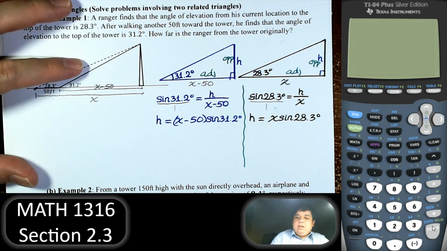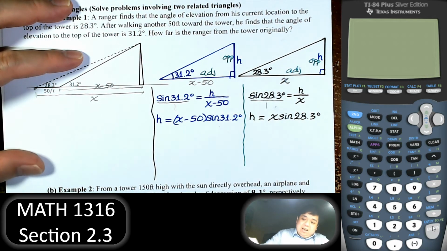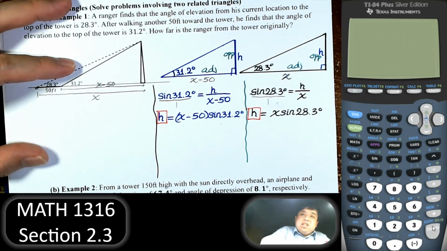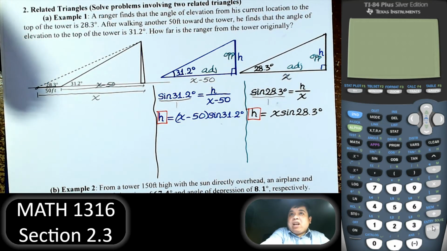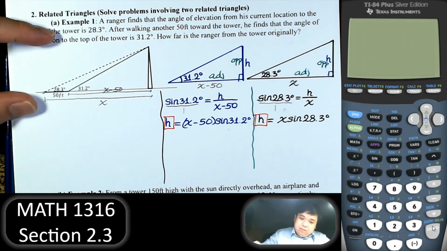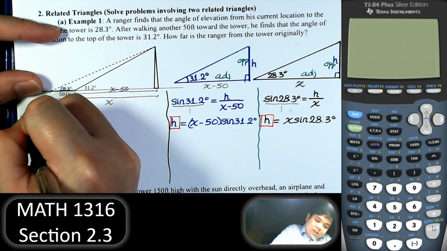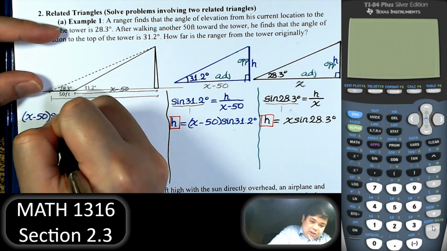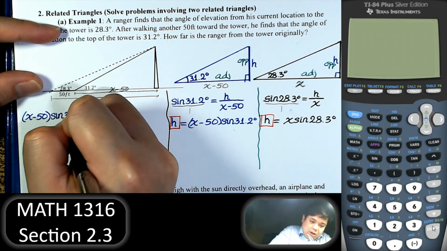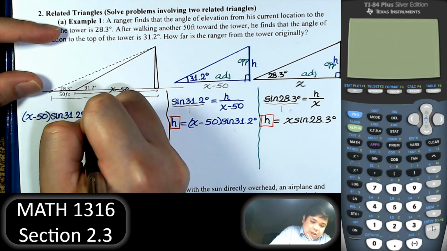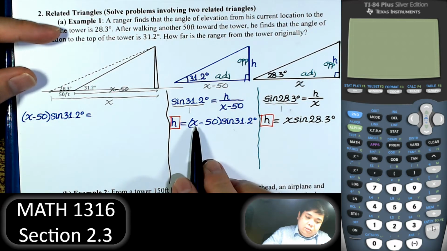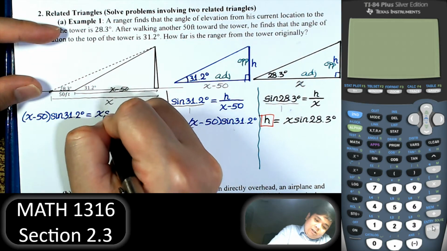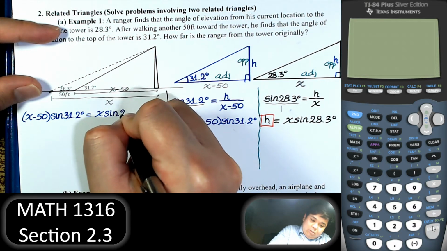Does that help? Definitely, because both of them equal h. Since both of them equal h, why don't we make them equal each other? So x minus 50 times the function of 31.2 degrees equals x times the function of 28.3 degrees.